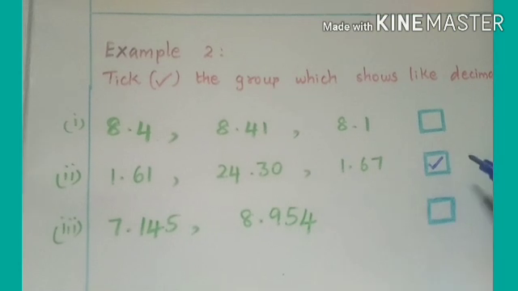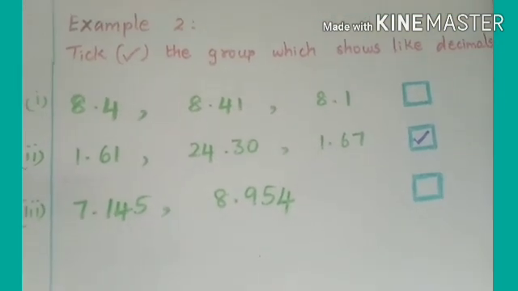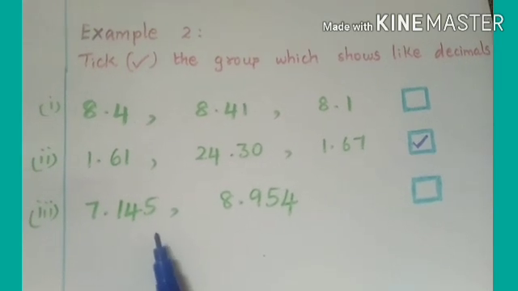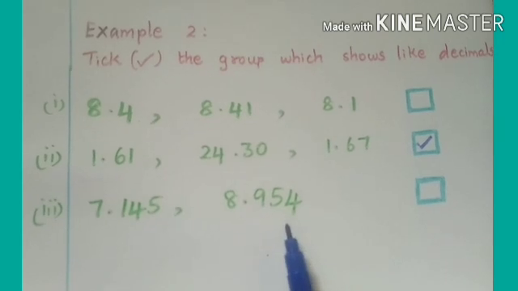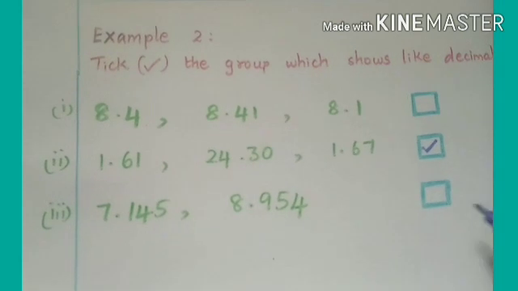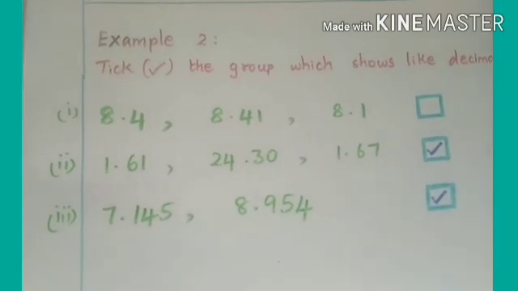Tick this group. In the third group, there are 3 decimal places in 7 and 145 thousandths and 3 decimal places in 8 and 954 thousandths. In this group, number of decimal places are same. It is said to be like decimals. Tick this group.